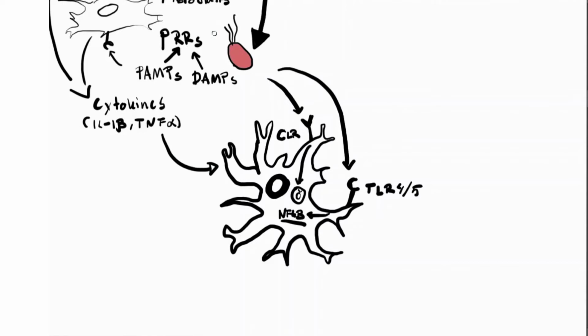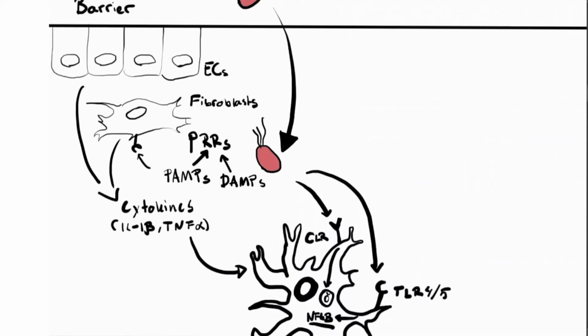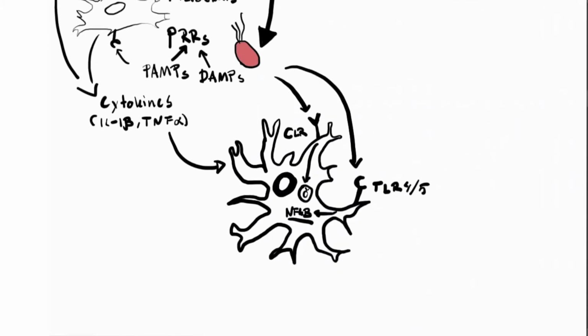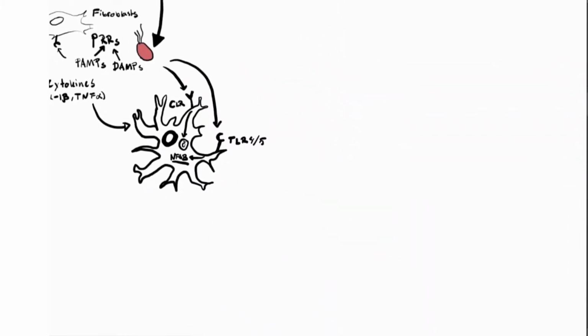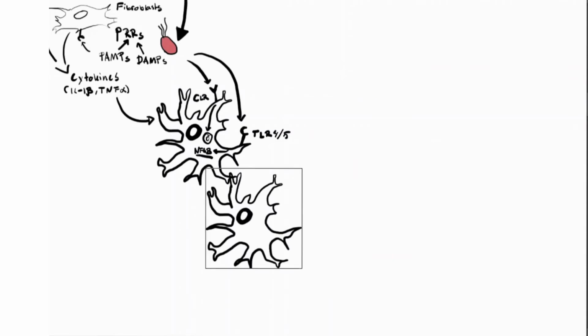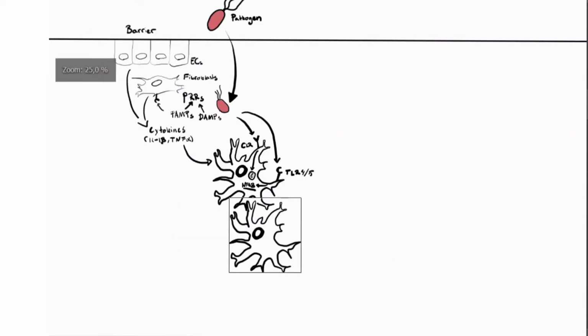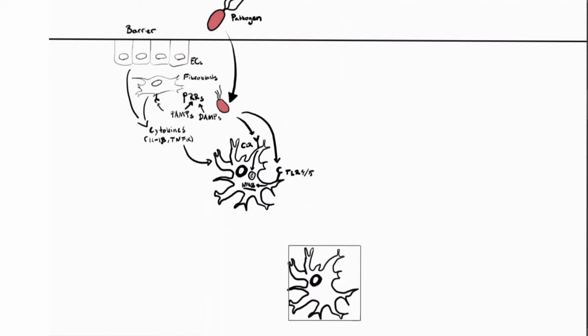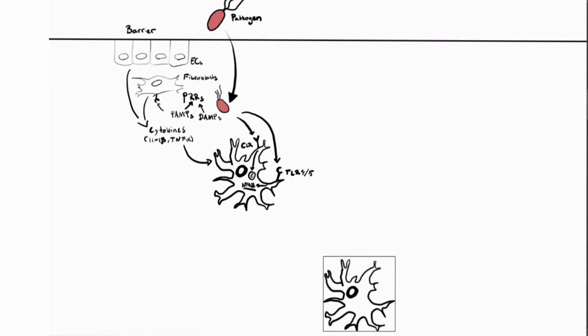So fibroblasts and basically the stroma, together with the actual pattern recognition receptors on the dendritic cell, will help activate it. So now we have an activated dendritic cell, and what's going to happen now is that it's going to start to migrate to a regional, or basically a close lymph node.